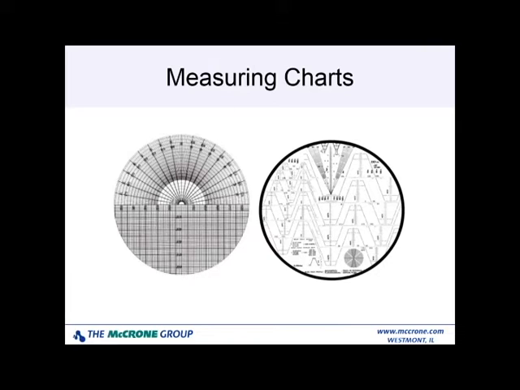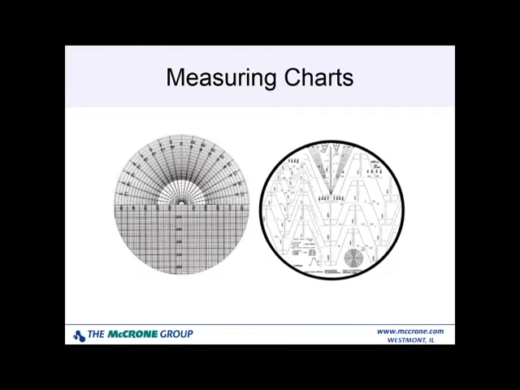These are two examples of measuring charts for comparators. The one on the left is a typical toolroom chart. It has a graph on the bottom side that you can use for point-to-point measurements, distance measurements. On the top half of the graph, you have various radiating lines out from the center to show you angles, and you have curved lines that will show you radius diameters if those are important to you.